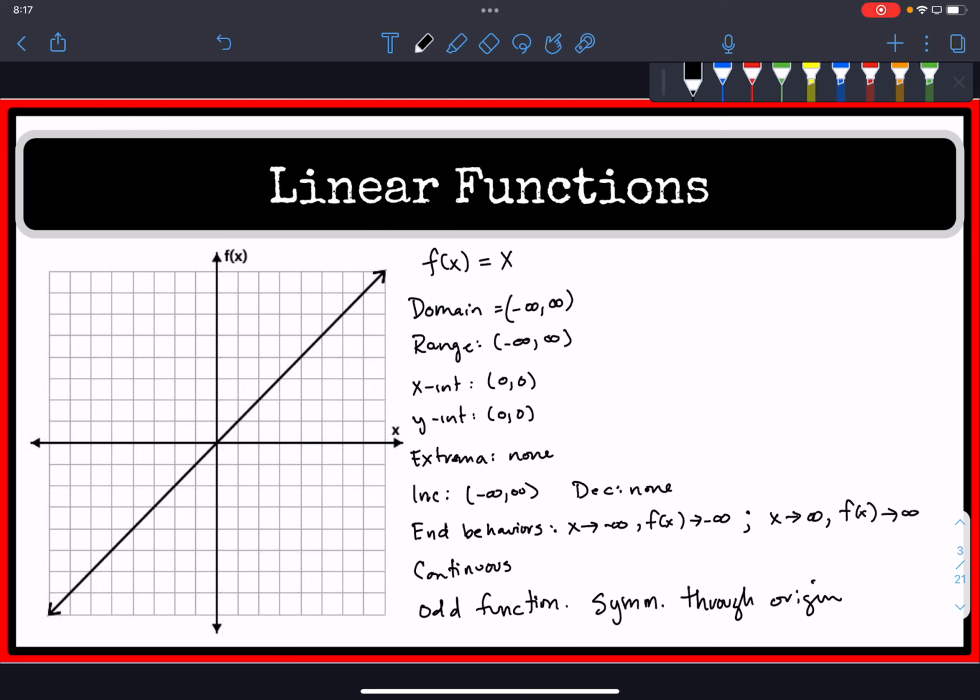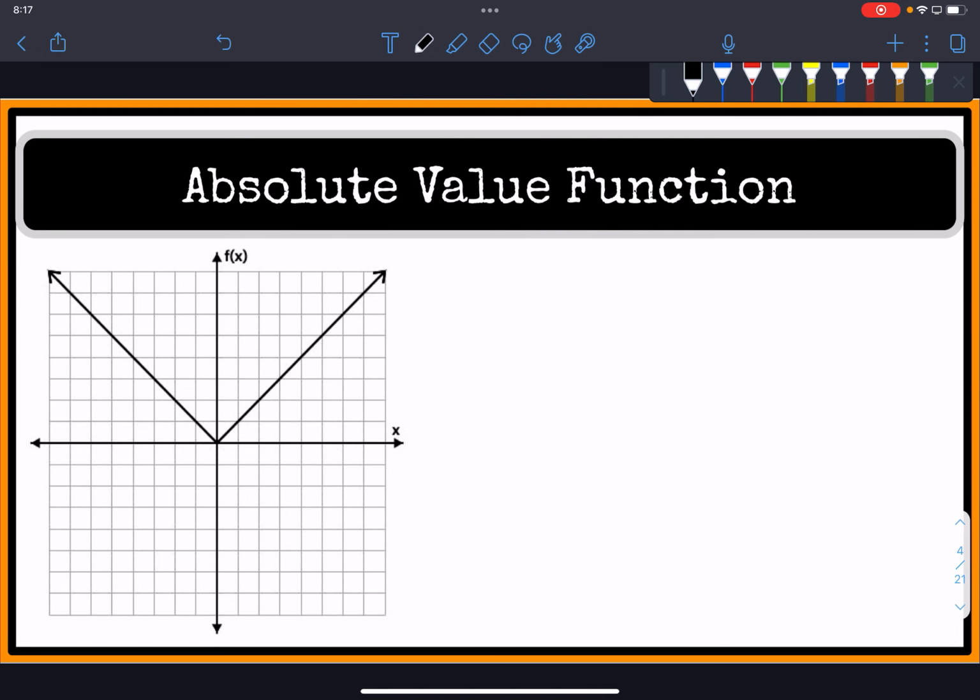Okay, then let's move on to the second function. The second function is the absolute value function. The rule, the parent function for this, is obviously going to be the absolute value. So f of x is equal to the absolute value of x. The domain is also all real numbers from negative infinity to positive infinity. However, the range is all of the values from 0 to positive infinity, including 0 itself.